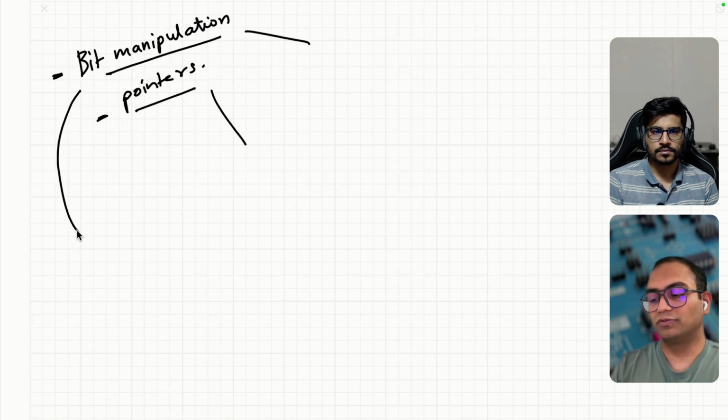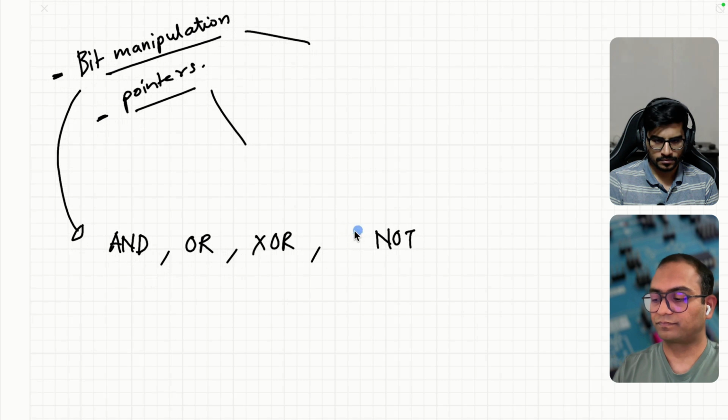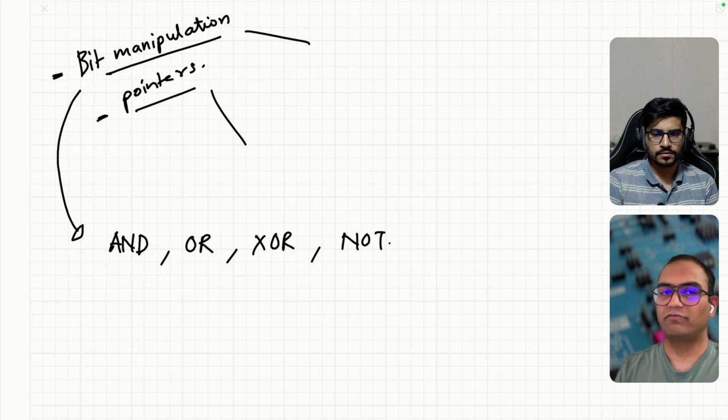And the details can be found there. But the things that you should keep in mind, let's start with bit manipulation first, is you have only the ability to do ANDing, ORing, XORing, and inverting, or the NOT operation. So these are the operations that we have when we talk about bit manipulation.